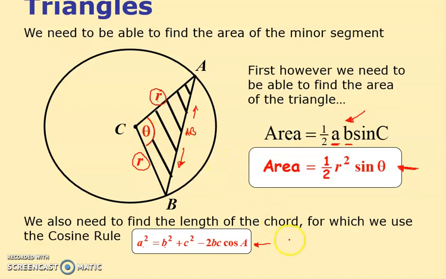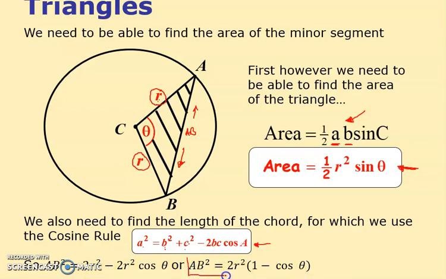But here we've got B squared is R squared and the other one is R squared as well. So we end up with AB squared equals 2R squared minus 2R squared cos theta. There's an R squared, there's an R squared, we've got two of them. But you'll notice the 2R squared comes up, and we can therefore factorise it to give me this.